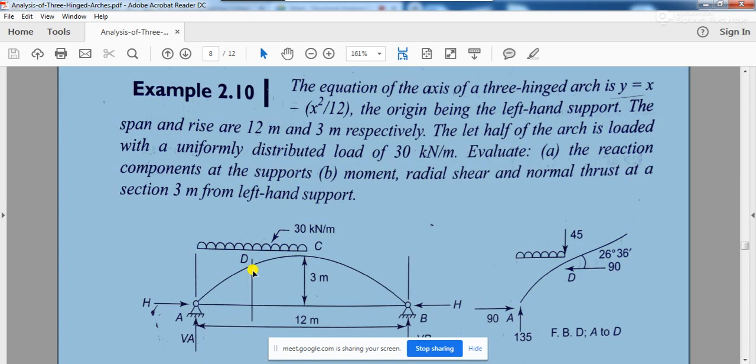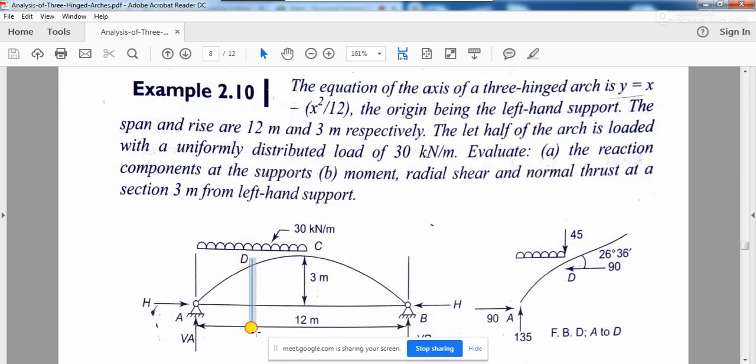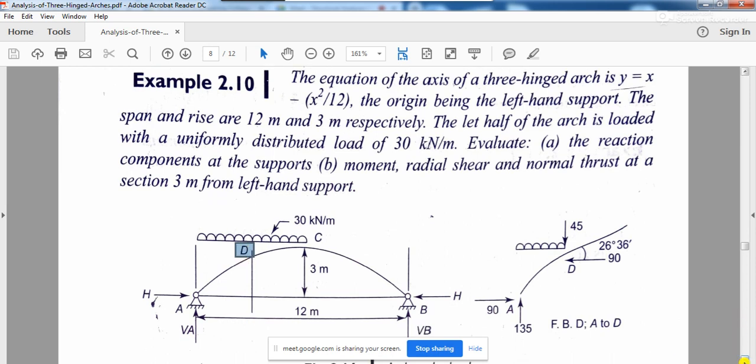At this section, that means at point D, you will have to find out how much will be the moment, the radial shear, and the normal thrust. Okay, so the problem ideally remains the same as we have discussed earlier.